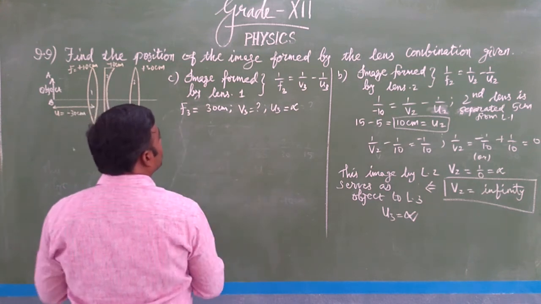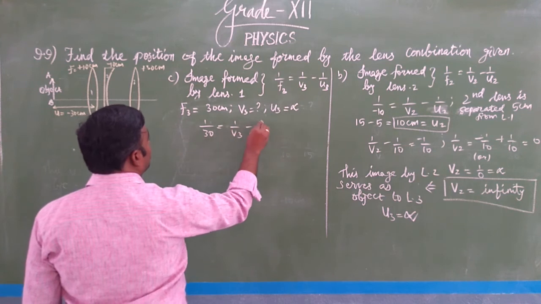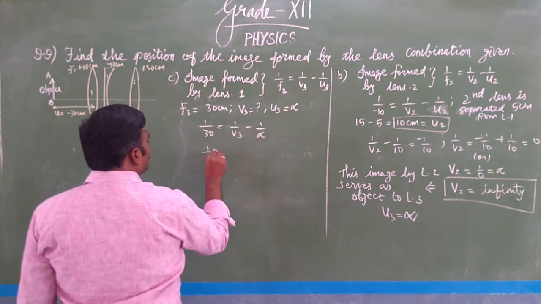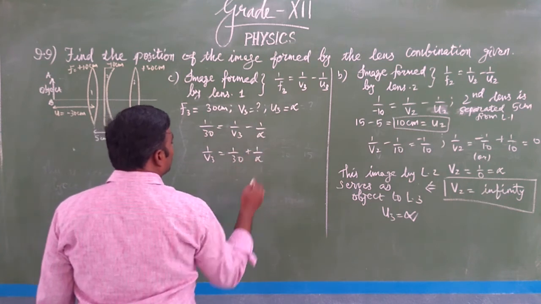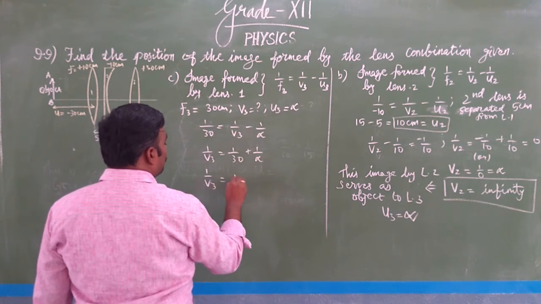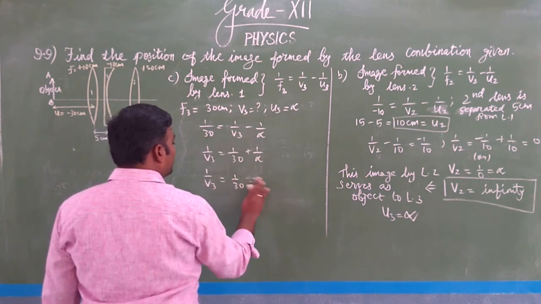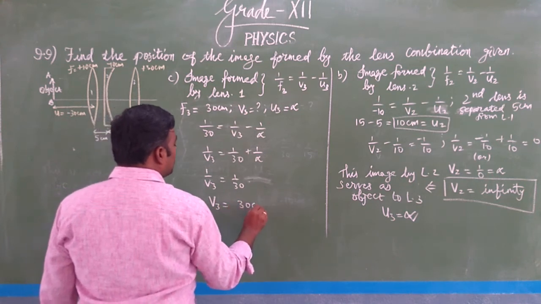So 1 by F3 is equal to 1 by V3 minus 1 by U3, so 1 by 30 is equal to 1 by V3 minus 1 by infinite. So 1 by V3 is equal to 1 by 30 plus 1 by infinite. Anything by infinite is 0 only, no? So 1 by V3 is equal to 1 by 30 plus 0. So V3 is equal to 30 centimeter.